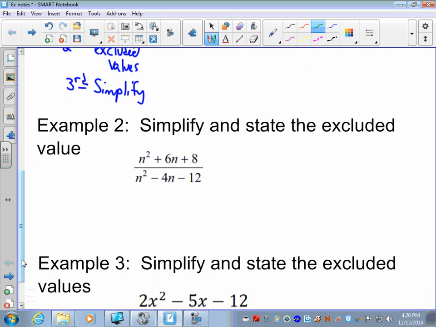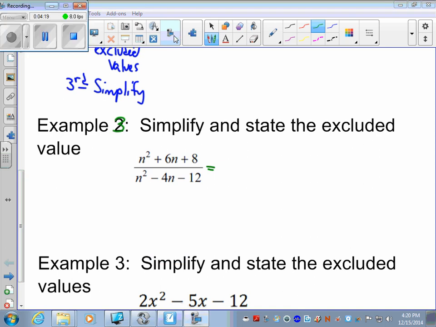Example 3. Simplify and state the excluded value. All right, here we have a trinomial divided by a trinomial. So we go to factor the numerator. The leading coefficient of the n squared term is 1.